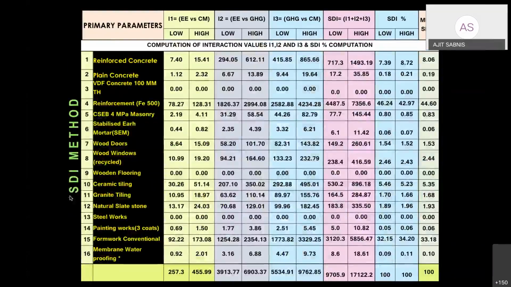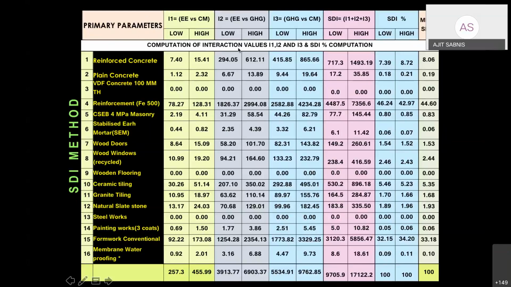Now, please don't get confused by this table. I know it is a very complicated table, but as we saw last time, to calculate the sustainability development index and the three interaction values, the categorization of the subsystems remains the same, but we need to identify the higher and lower ranges of the total interaction value.